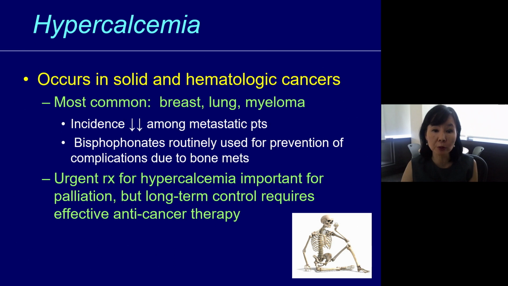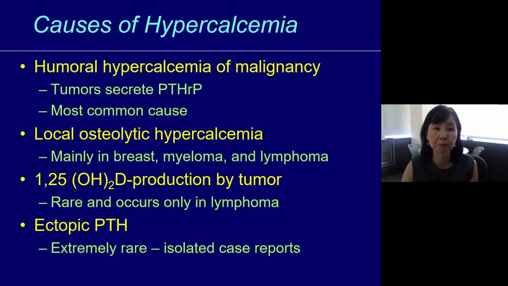An urgent treatment for hypercalcemia is obviously very important for palliation, but in terms of long-term prevention of recurrent hypercalcemia, you actually have to treat the cancer. If you do not treat the underlying cancer, the hypercalcemia will keep on coming back despite the use of bisphosphonates or denosumab.